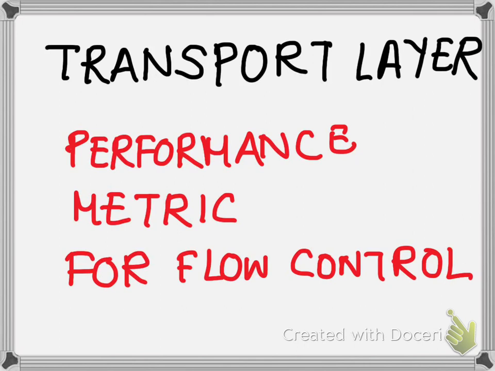Today we are going to look at a very important metric, which will help us to decide two things. First of all, it will help us to decide which algorithm for flow control we are going to use. And what are the algorithms?